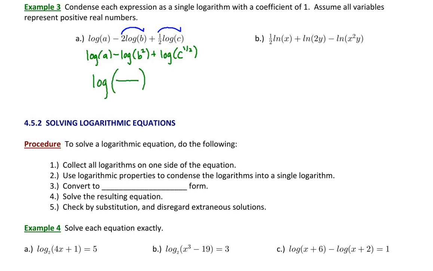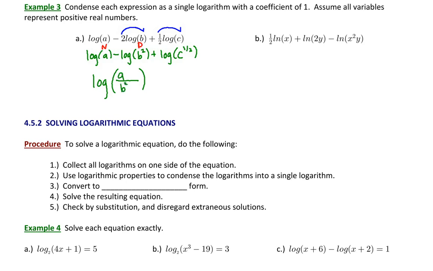Now, we're going to do this all at once. So remember, if the argument comes from a positive logarithm, that argument is going to end up in the numerator. But if the argument comes from a negative logarithm, it's going to end up in the denominator. So on that one, we could just apply our quotient rule. A is in the top, b squared is in the bottom.